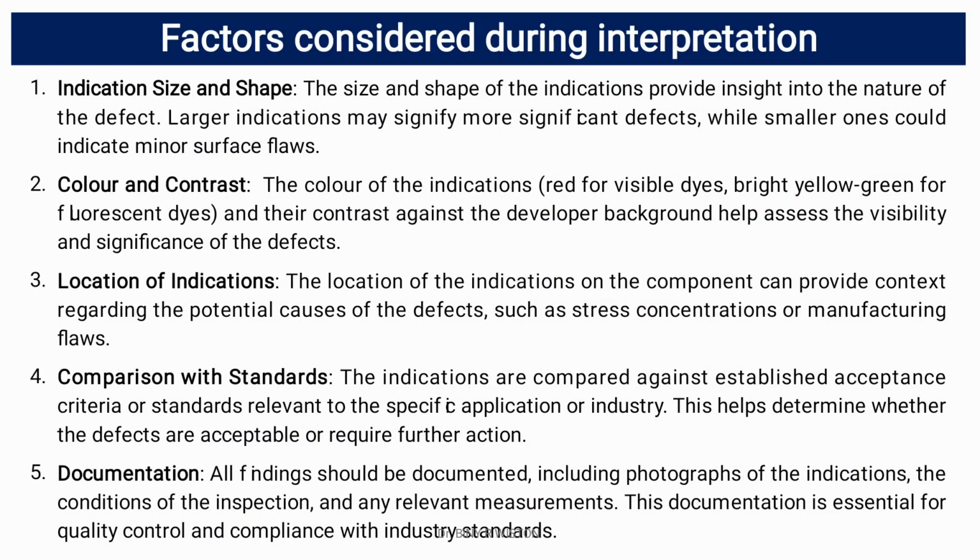A larger indication may specify a more significant defect, while smaller ones could indicate minor surface flaws. The color of the indication and contrast against the developer background help assess the visibility and significance of the defect.